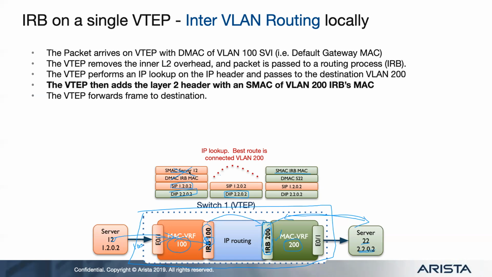This is nothing but IRB, which we also call an SVI. Basically, your VTEP is working as routing plus bridging. Routing and bridging are combined, integrated into one switch. That's why it is called integrated. Any question?